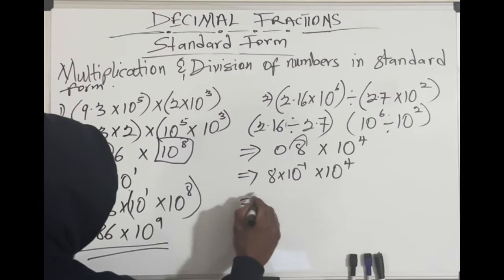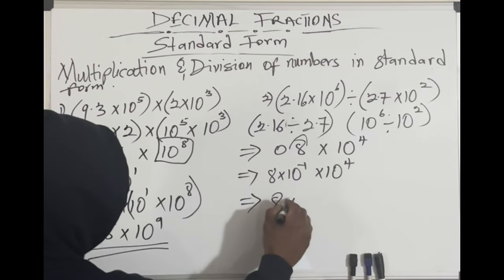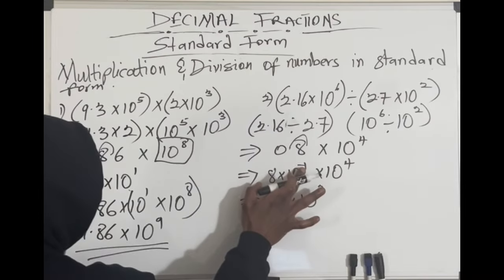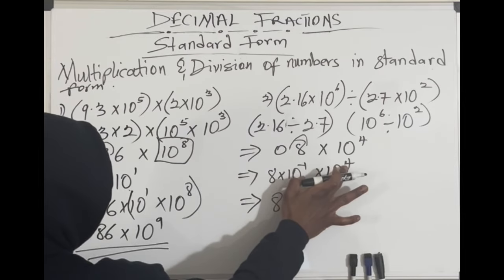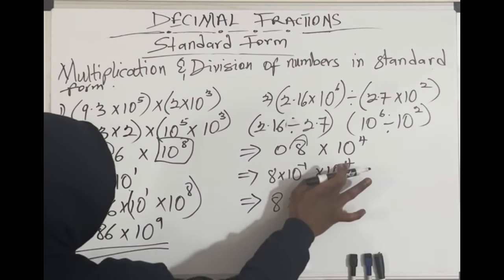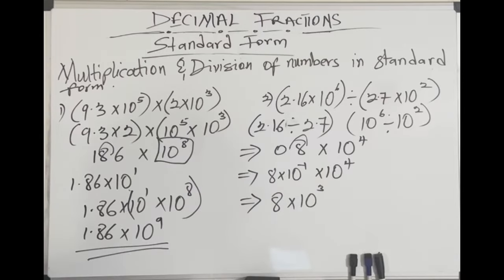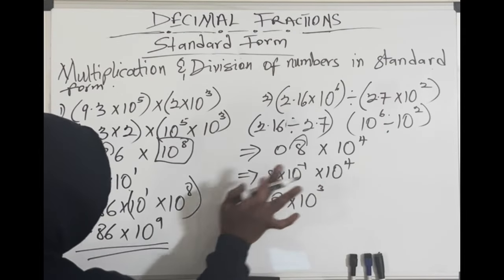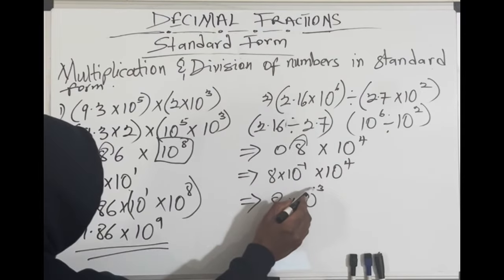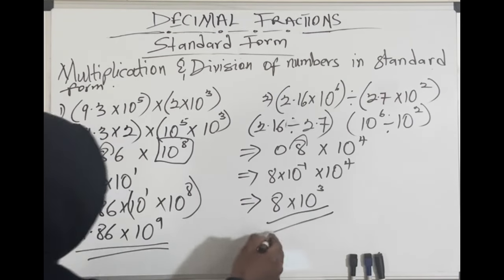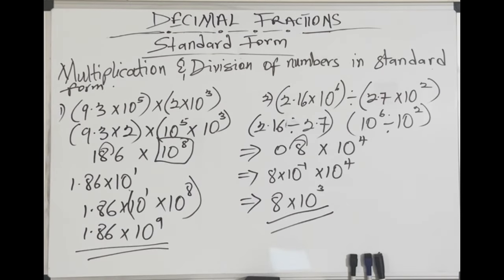All right, so final answer 8 times 10 is what? 3. And then positive is 4, and then negative is 1. So you'll maintain the positive 3. But if it was to be negative 4 and then positive 1, then the final answer will be what? Negative 3. Okay, so this will be the final answer.